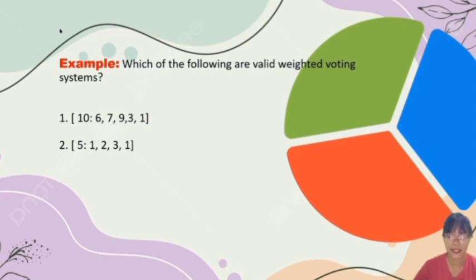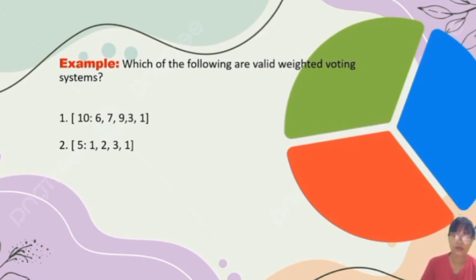Pero, hindi sa lahat ng pagkakataon valid ang notation natin na nilalagay. Dapat, nasusunod pa rin ang rules. Dapat ang quota ay tama. Kung mapapansin natin sa number 1, kung i-check natin ang valid and invalid na weighted voting system dito, dapat i-check muna natin ang mga sum ng mga weights.